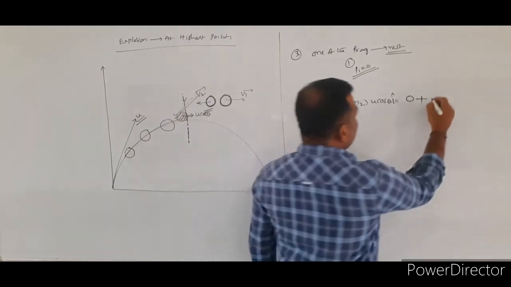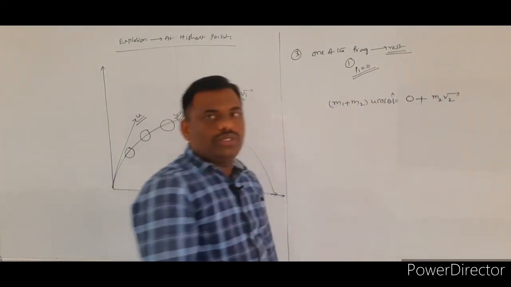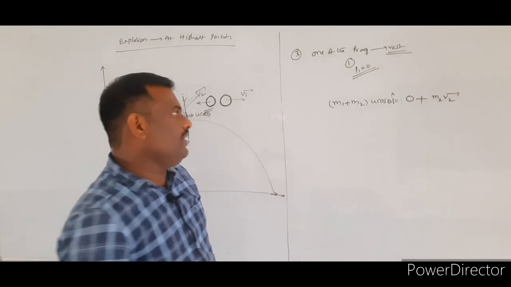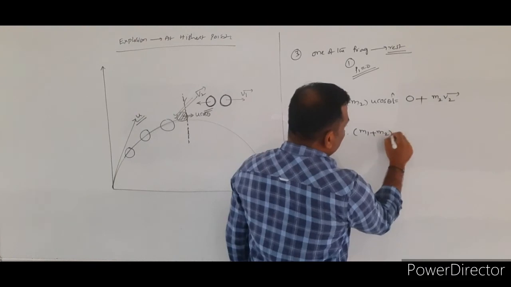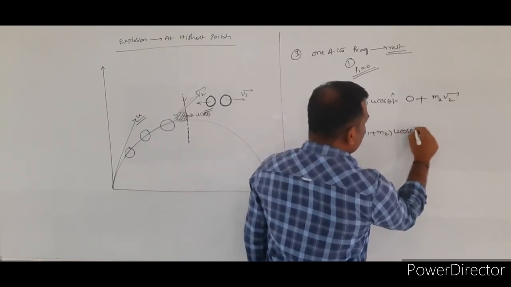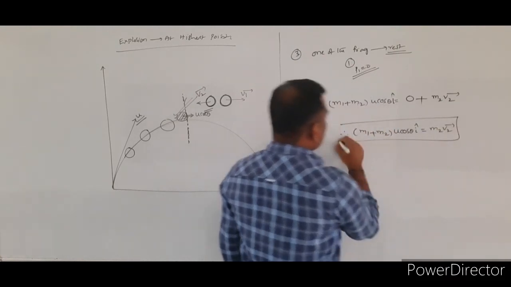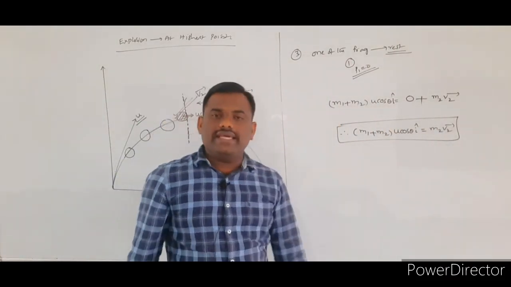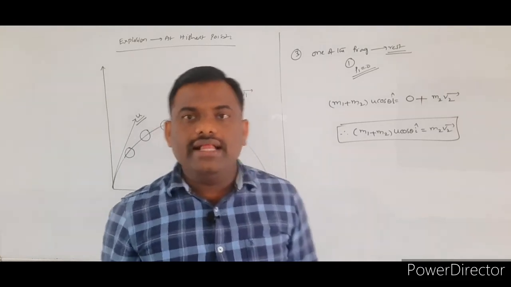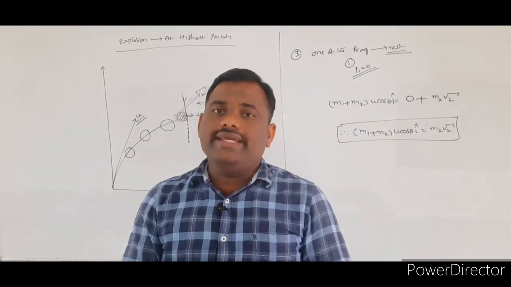The second piece will be in motion, so its momentum is m2 into v2 bar. Therefore, finally you get the equation (m1 plus m2) into u cos theta into i cap is equal to m2 into v2 bar. So this is case number 3 in the case of the explosion of the shell at the highest point.